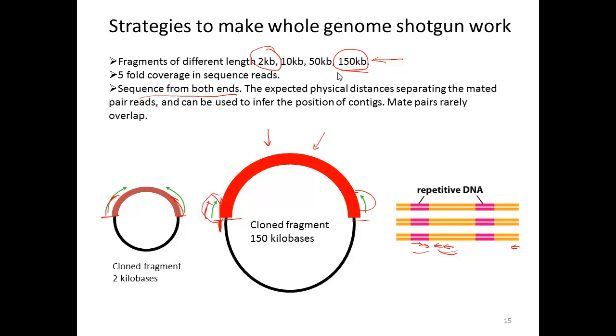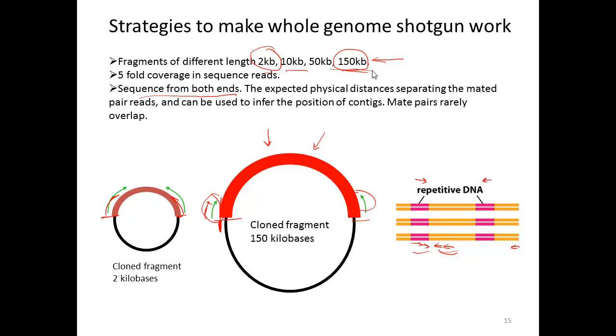Now the reason for having different sizes is you could get unlucky, and maybe this would be an example of a 10 kilobase piece, where you could have one sequencing end in here and one sequencing end in here, and you're not able to anchor these reads in any way with unique sequence because they're both awash in repetitive DNA.